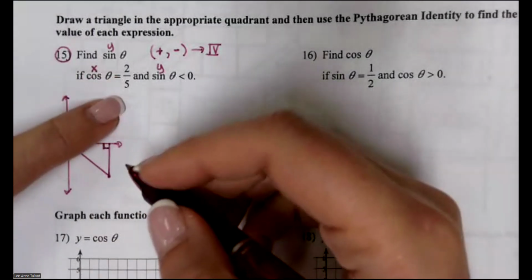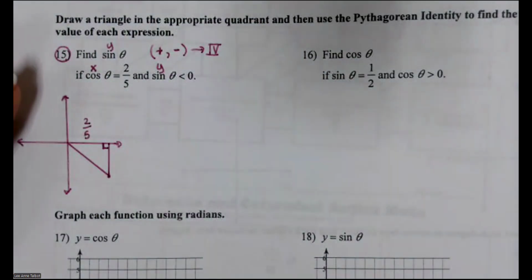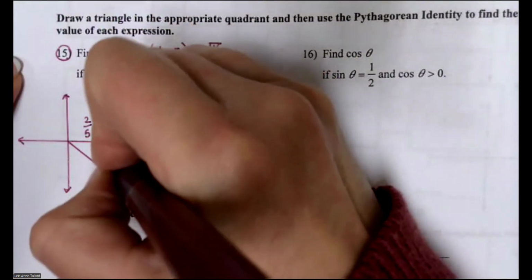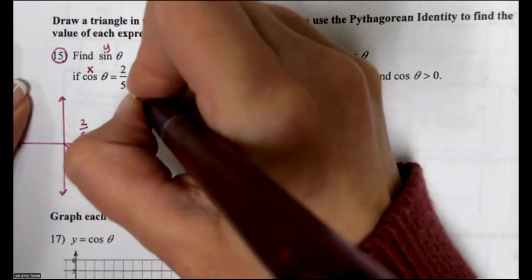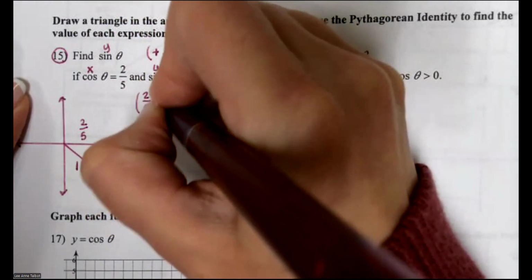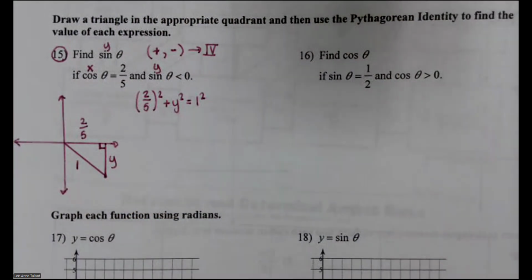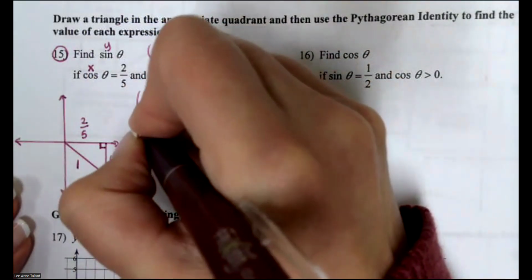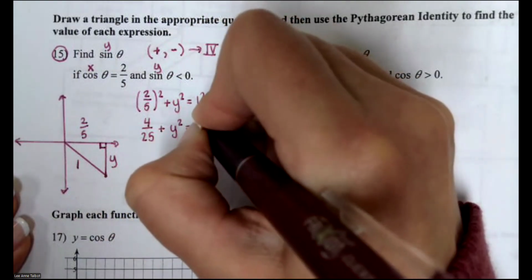Okay, now it says cosine is X is 2/5. You're solving for Y and the hypotenuse is 1. We doing okay? Okay. X squared plus Y squared equals 1 squared. 4 over 25 plus Y squared equals 25 over 25.